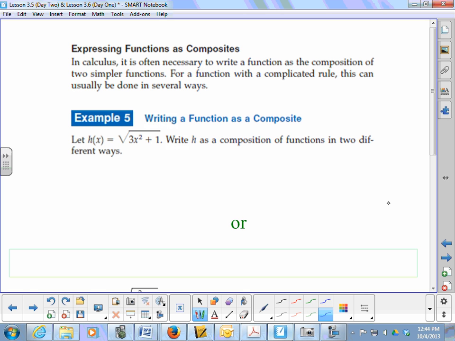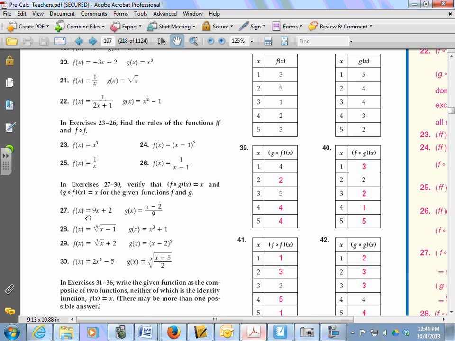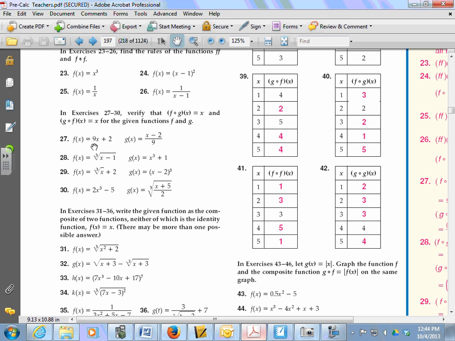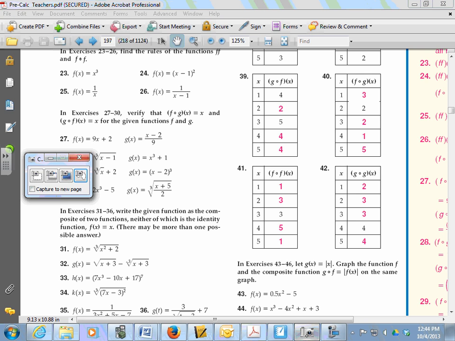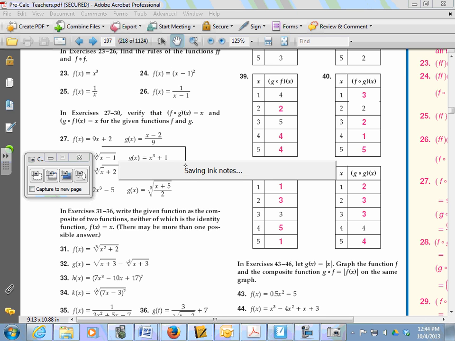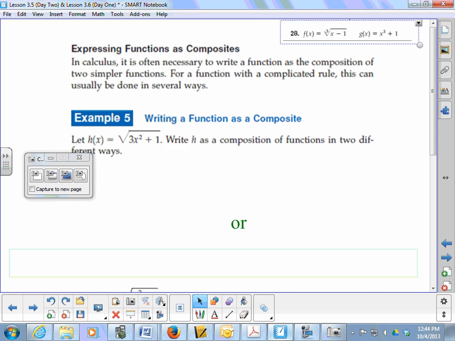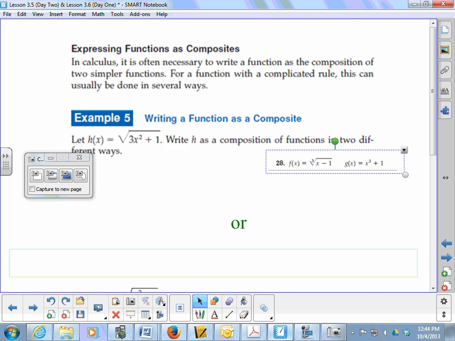So let's go back and look at one of those first before we go on. I'm just going to take number 28 because I think that's one you did. So let's look at 28 here just for a second. On 28, they wanted us to do f of g of x.